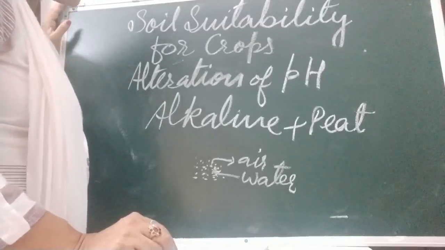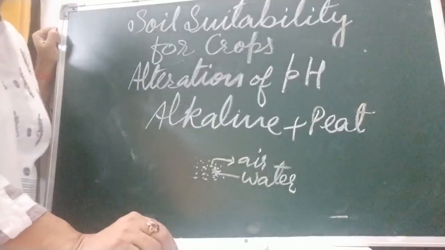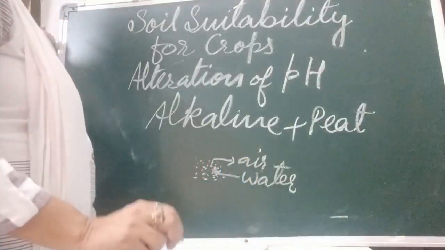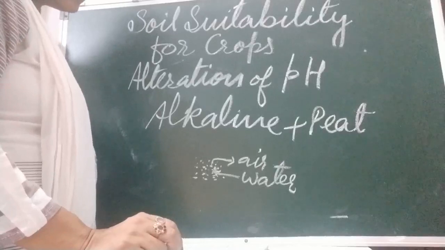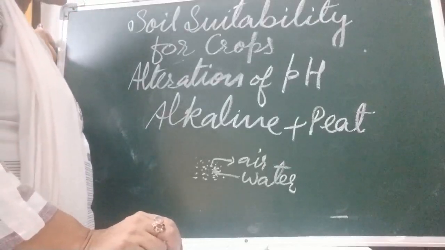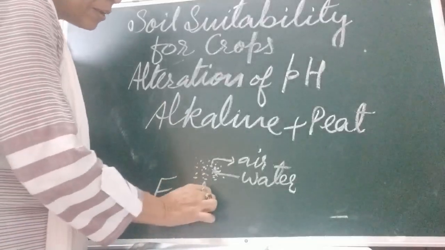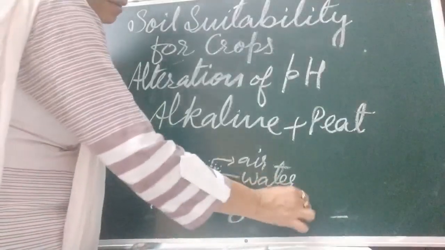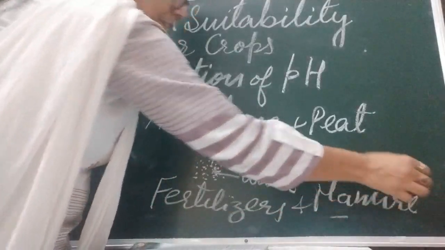Fertilizers are added to a soil that has low mineral content. So where the water is more and air is less, we try to drain the water by artificial methods. And if the soil is not rich in mineral nutrients, then what will we do? We will add fertilizers and manure. Manure are natural fertilizers.